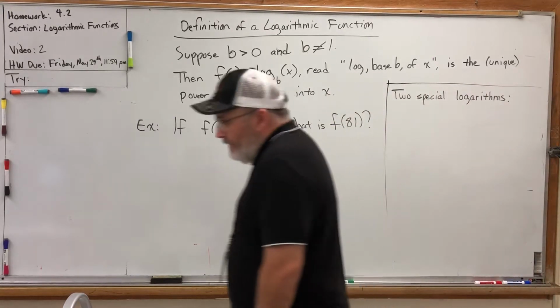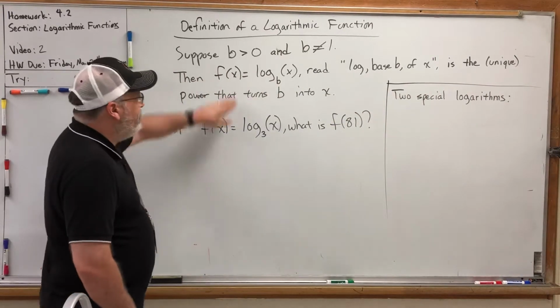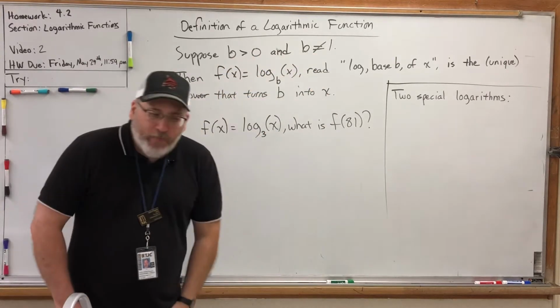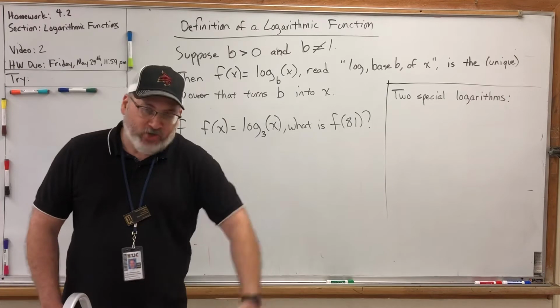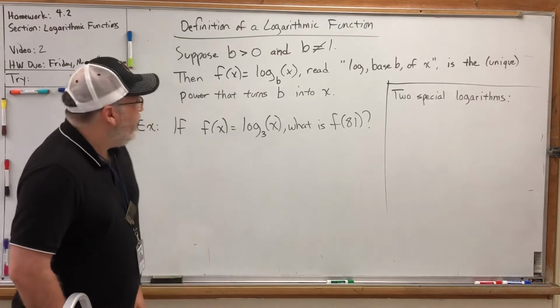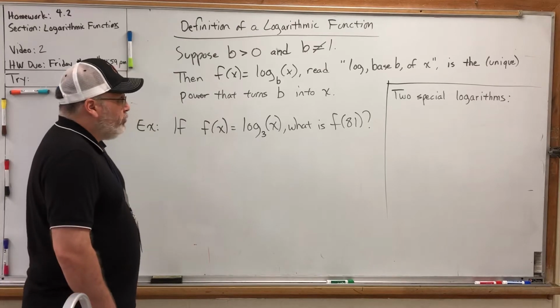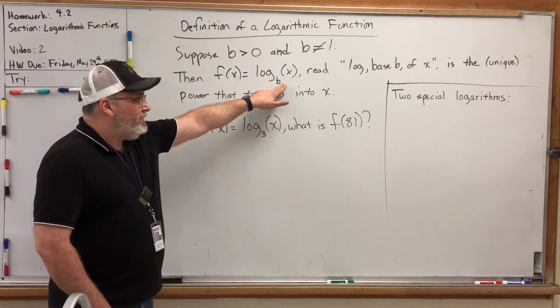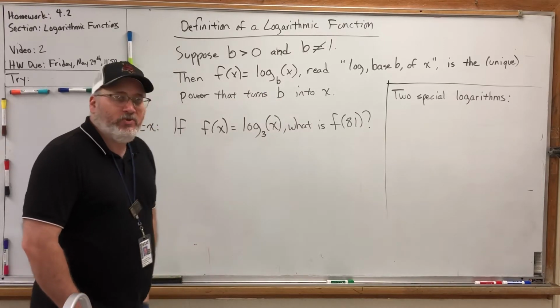We start by taking a number b that's positive and at the same time it's not equal to 1. You may recall that those were the same restrictions imposed on the base of an exponential function. And the reason we're imposing those restrictions again is because the b will be a base essentially in the context of an exponential function.